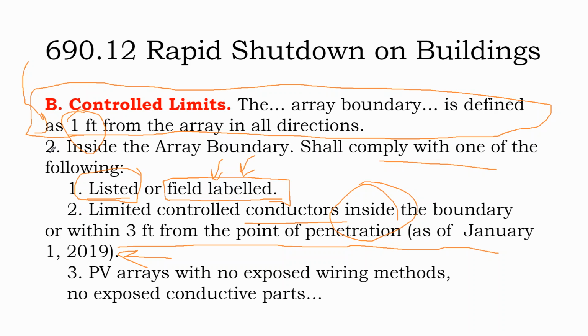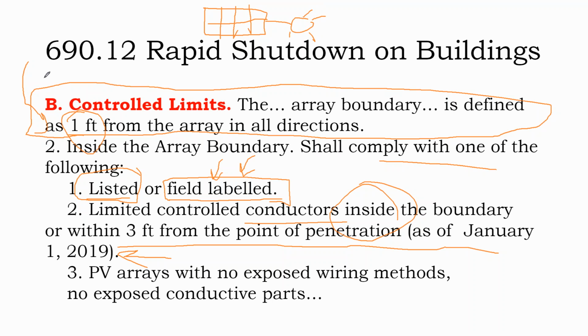They're saying outside this 1 foot perimeter, you have to kill the power when that rapid shutdown button is pressed. But inside the perimeter, you also have to lower the voltage of the system, drain it to ground over a minute or so.